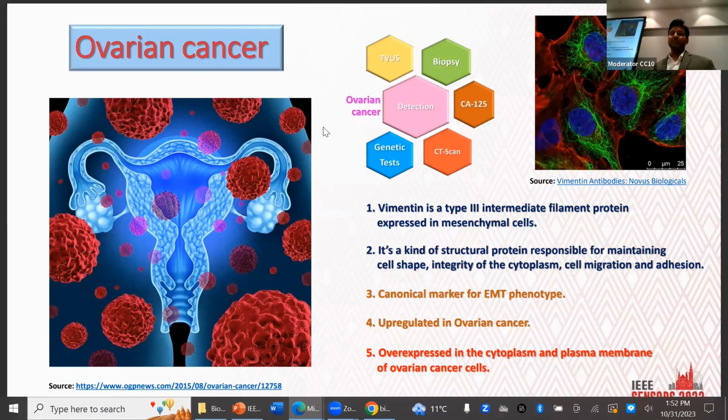But this protein gets upregulated in ovarian cancer, and it is expressed in the cytoplasm and plasma membrane of ovarian cancer cells. It means that it is present in the plasma of the patient, and if you could detect this in the plasma, then we can detect ovarian cancer early.